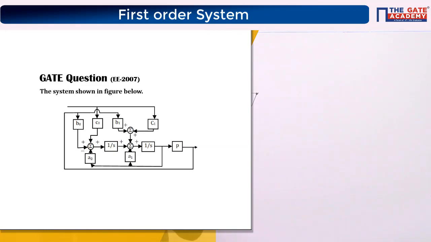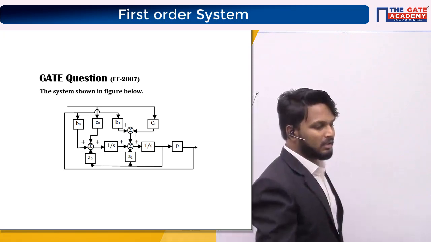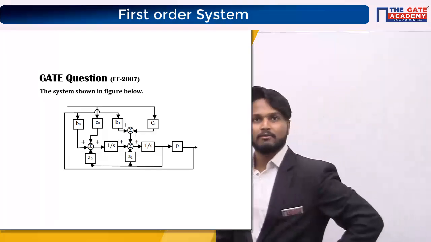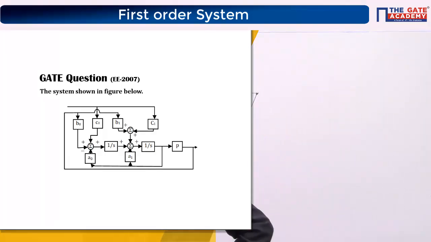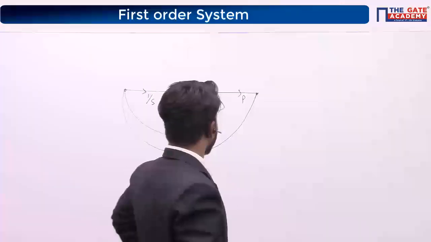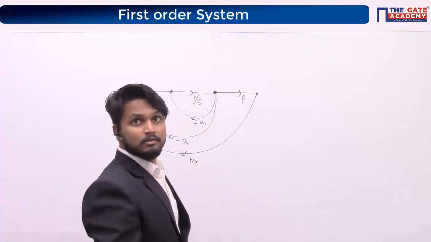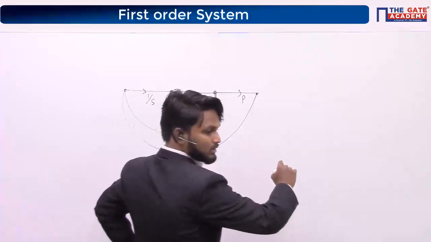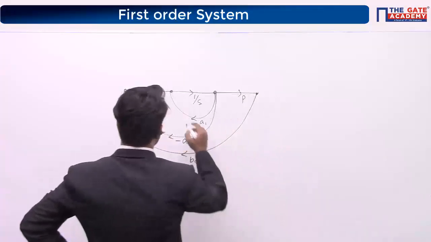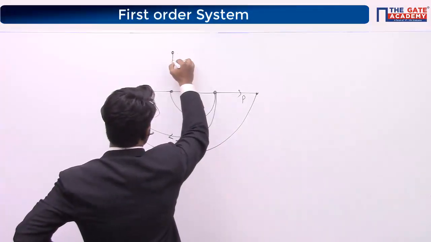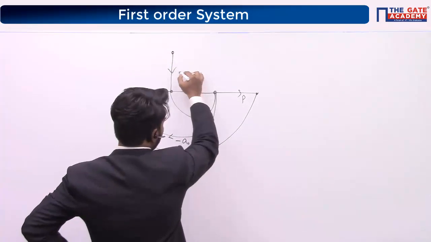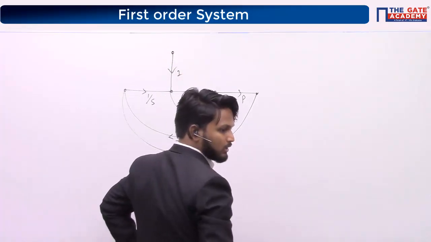Between this point and another summing point, we can indicate that with a separate node, right? So there is a separate node connecting between these 2 integrators. Its gain is 1, right?